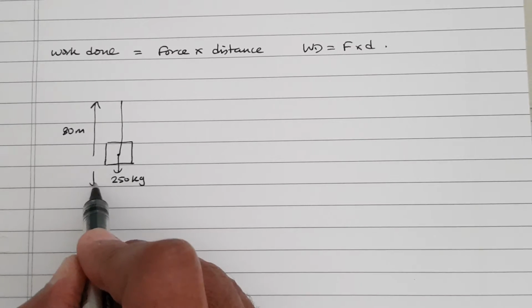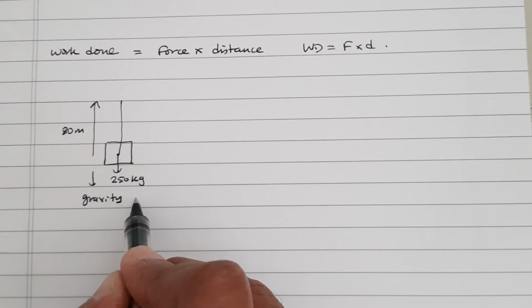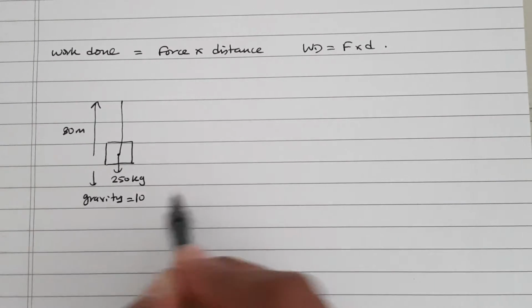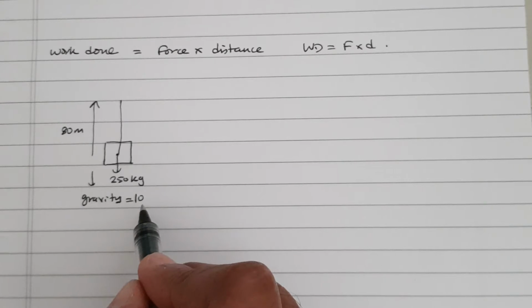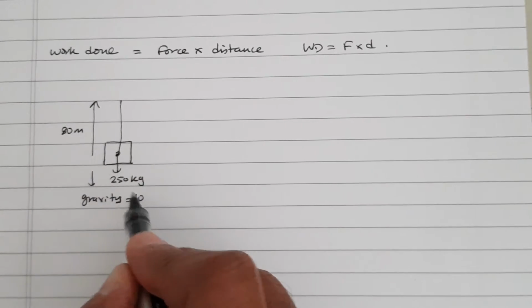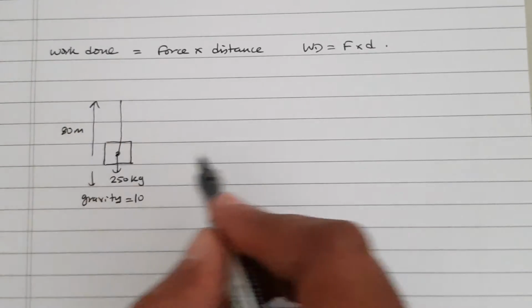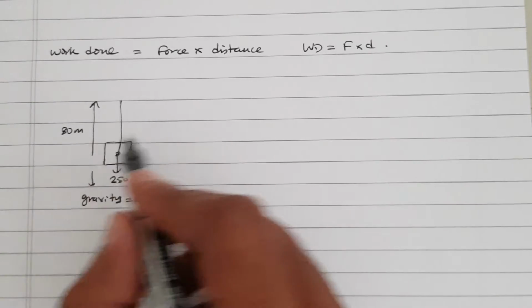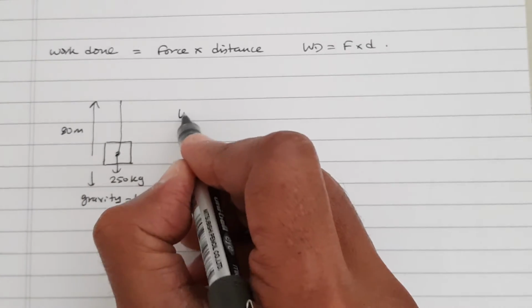There's also gravity acting down on the object, and we know that gravity is 10, or 9.8 meters per second squared, so 10. Acceleration due to gravity is a vector, and we have that force acting on the object's weight, and the object is pulled up 30 meters. So what we need to do is calculate the work done.